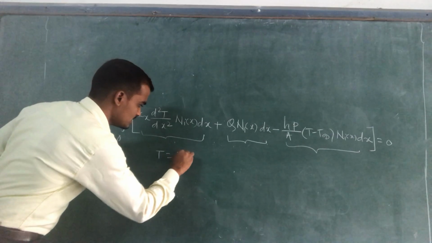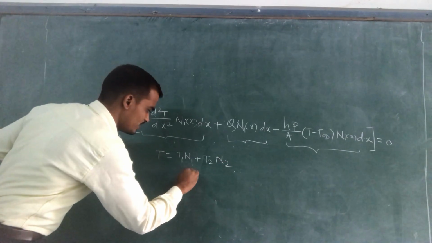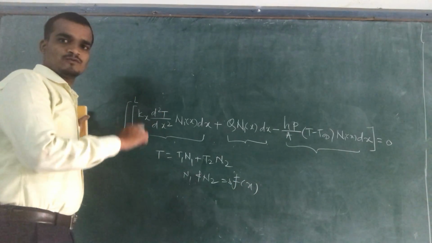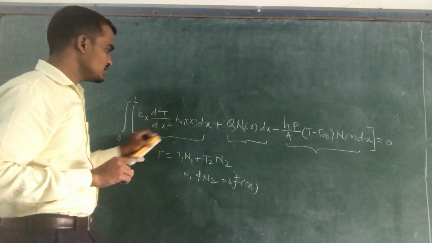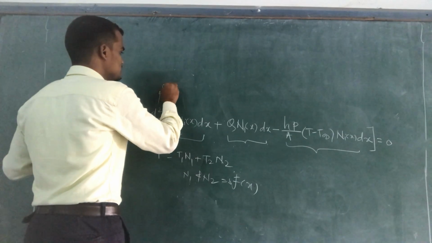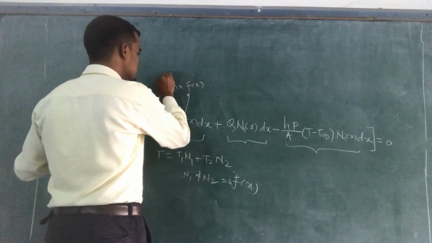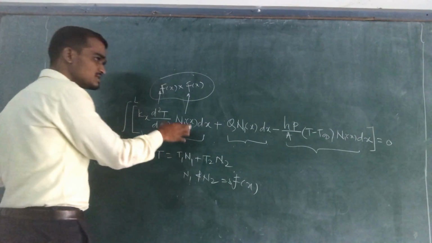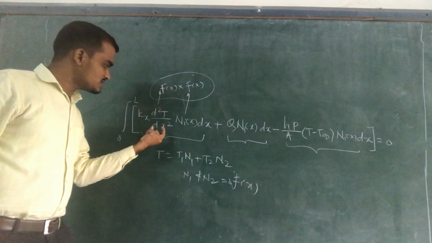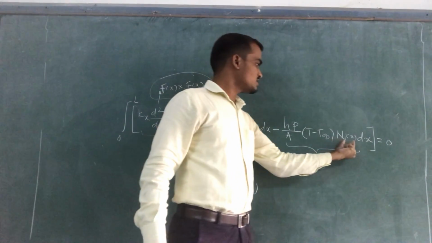Because T is nothing but T1 N1 plus T2 N2, where N1 and N2 are functions of x, because N1 is nothing but 1 minus x by L, and N2 is nothing but x by L. Similarly, Ni of x is also a function of x. So this is a function of x, and this is also a function of x. It means both these terms are functions of x, and we need to integrate with respect to dx. So we need to solve this first, and the remaining terms are easy because there is only one term of x in them.